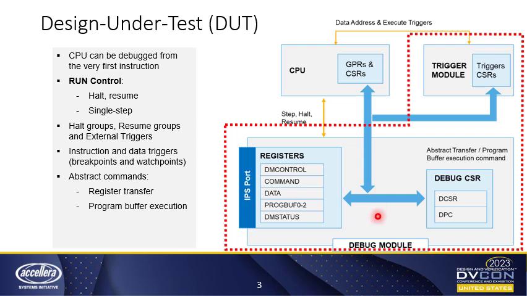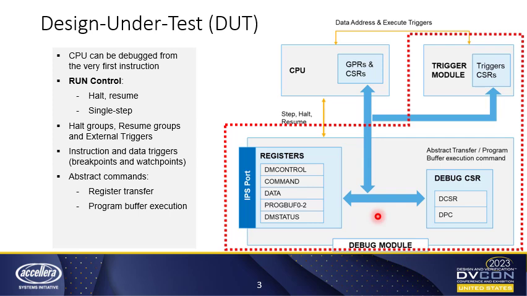The abstract commands can control the program buffer execution or directly read-write to the general-purpose registers. When the core is halted, the instructions placed in the program buffer can be triggered and executed via abstract command to achieve the purpose of accessing system memory or modifying register data.